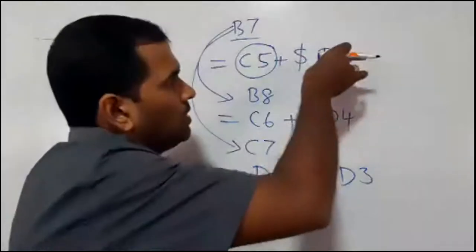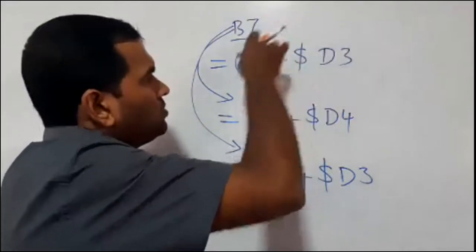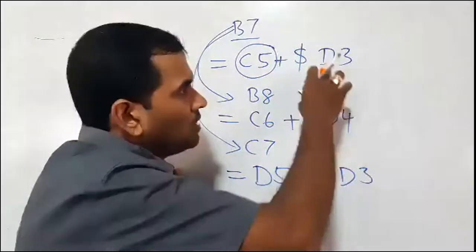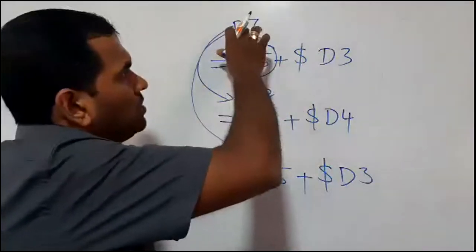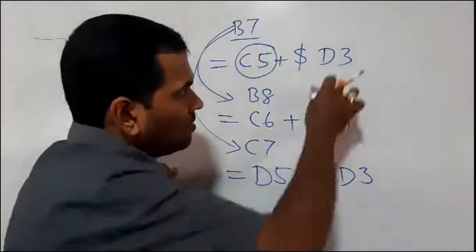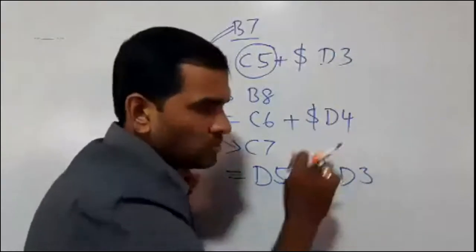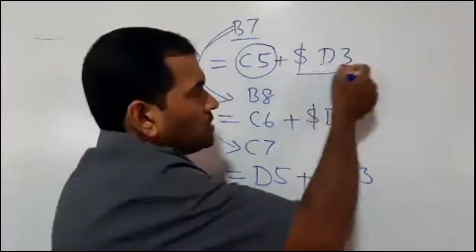Now look here. When you copy to B8, the row changes. D3 becomes D4. But when you go from one column to another column, it remains the same. We typed $D3. Now also it's $D3. So now the column is not changed.